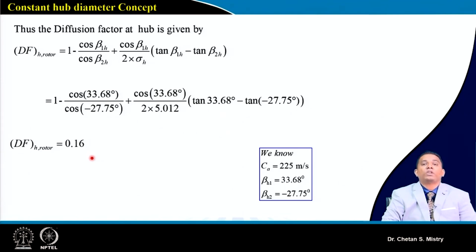Then we started doing calculation for the mid station. We have shown the calculation at the hub station. We will see how the calculation proceeds further for the tip station, and based on that we will be coming up with the final design sheet. That we will be discussing in the next lecture.